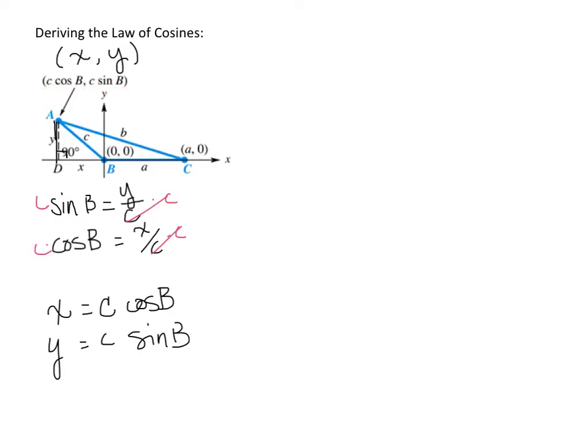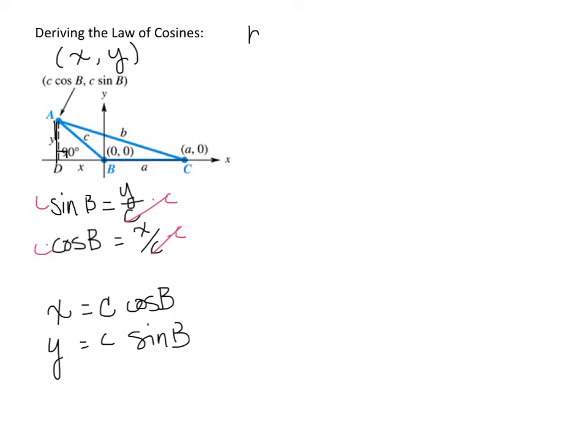From this point, what we can do is say, well, if I know the coordinates of A and I know the coordinates of C, then I can find the distance from A to C, which is length b, by using the distance formula.